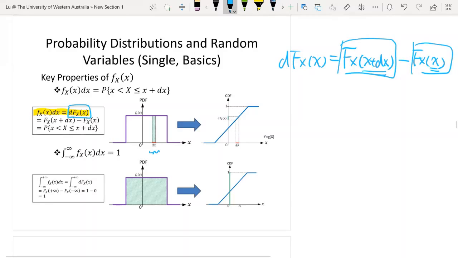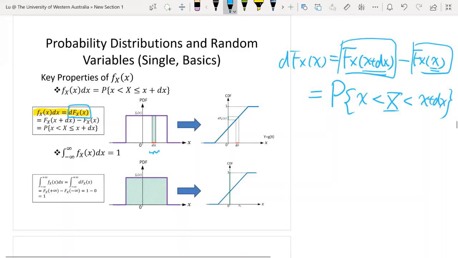But when we discuss the CDF function, we have already known such kind of difference between the CDF function values is indicating the probability that the random variable x value falls into these two small ranges between x and x plus dx.